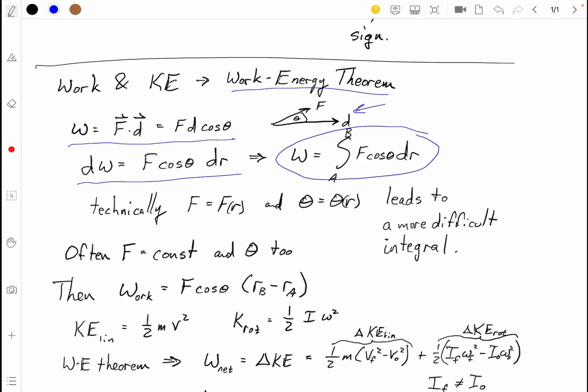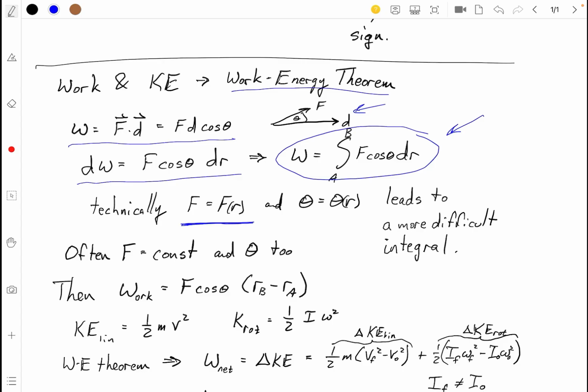Initially, we could take the two vectors and multiply them together, cosine of the angle between them. That's doable. Now, technically, when you're doing this integral, the force could be a function of r, okay?